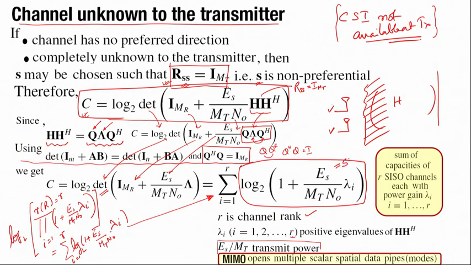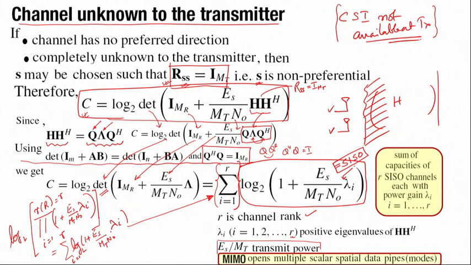So, what we see is that if we look at this particular part, this is the capacity of a SISO link, and we are summing over the capacity of a SISO link. Each of the SISO links has a strength corresponding to lambda i.